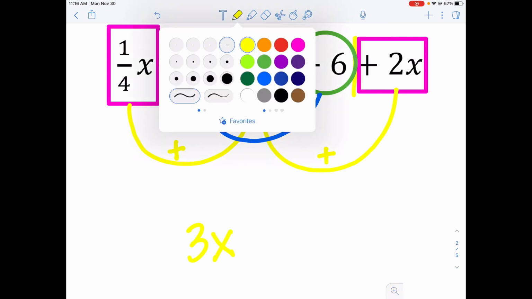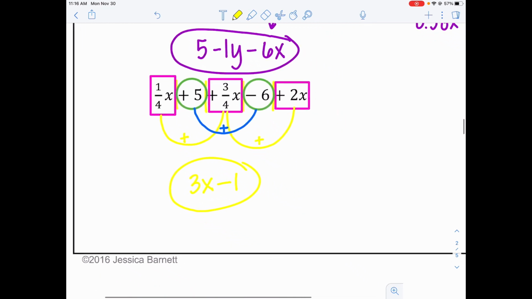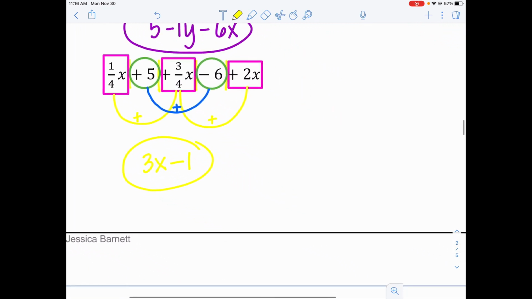And now I'm going to combine my two constants. So 5 plus a -6. If you're not sure, do it in your calculator. You should get that it is a -1, so I write -1. This is my answer because I cannot combine that any further because they're not like terms. So my solution is 3x minus 1.